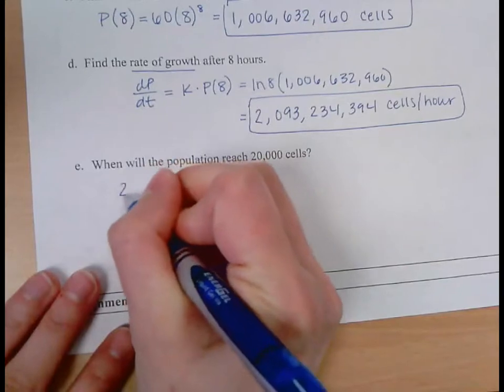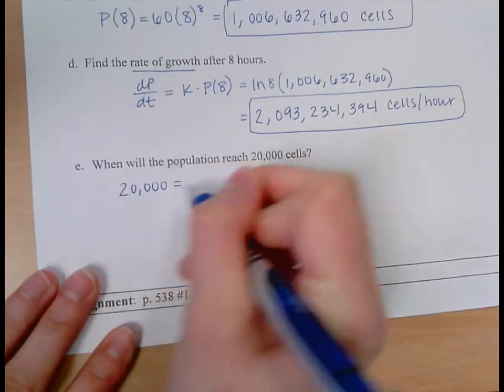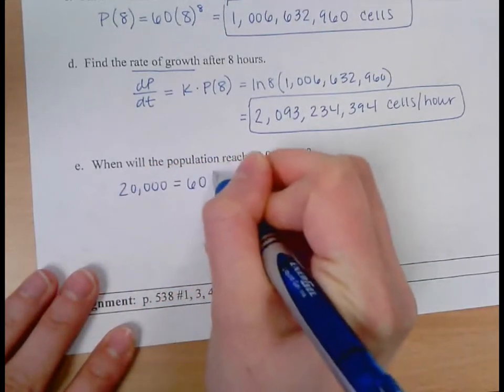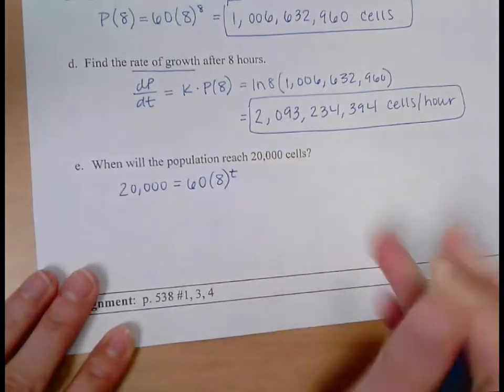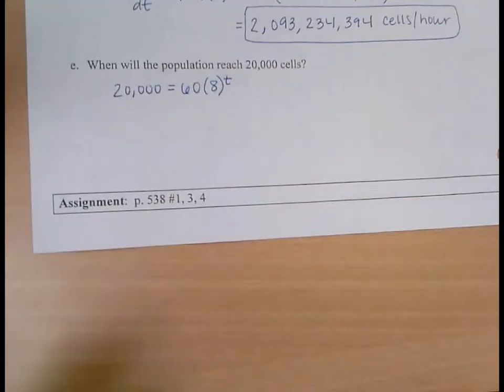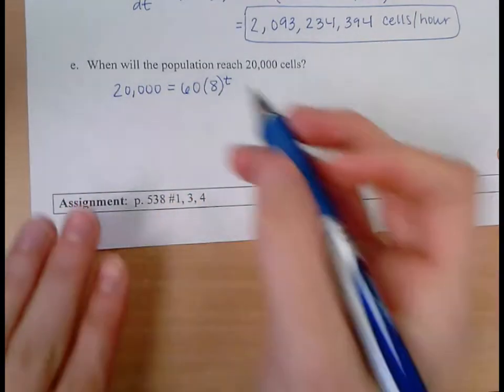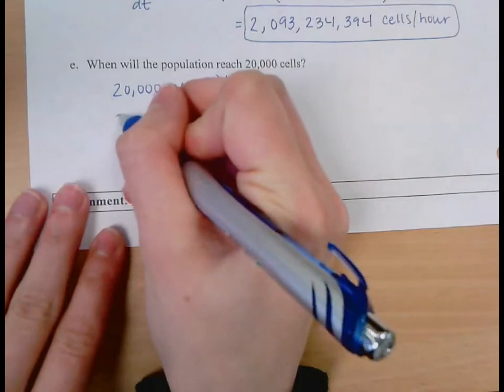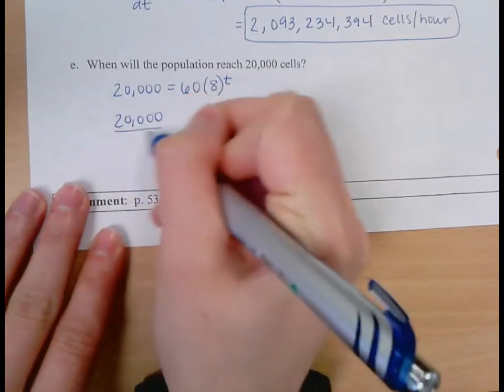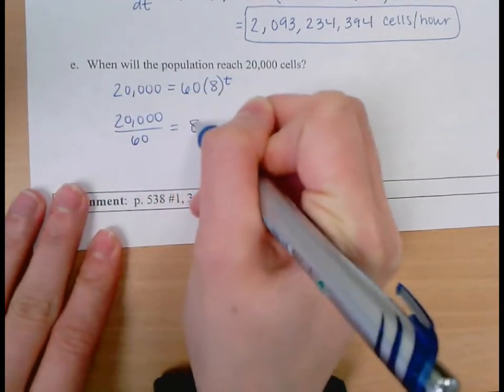So this would be when 20,000 is equal to 60 times 8 to the power of t. So just quickly, and then we'll get to the homework quiz. How would you solve this for t? Divide by 60. Now I'm going to save all calculations until the very end, so I'm not going to write this simplified. So I have 20,000 divided by 60 equals 8 to the t.